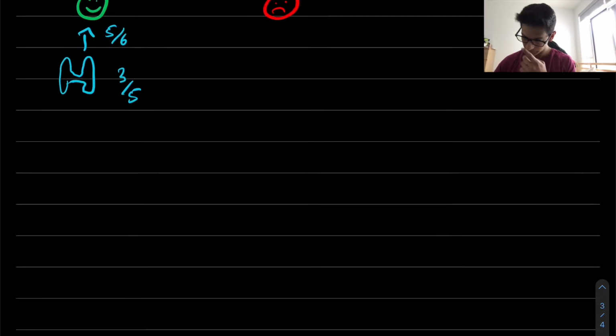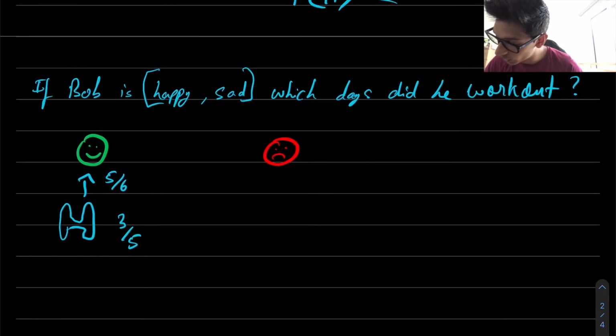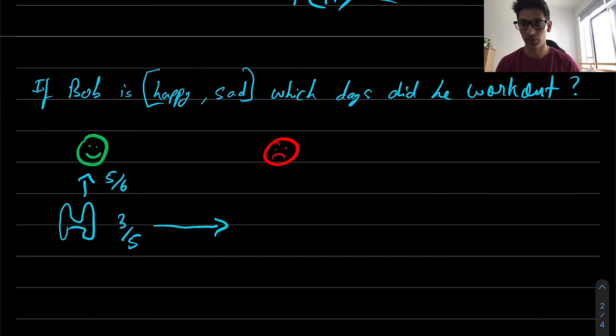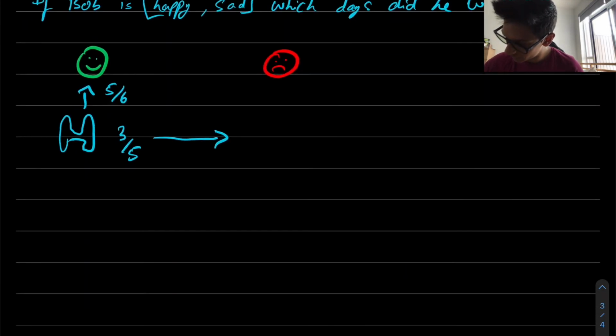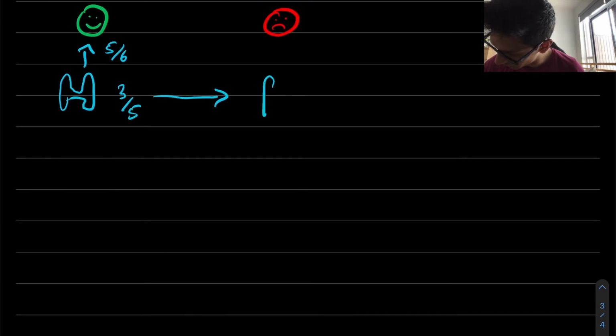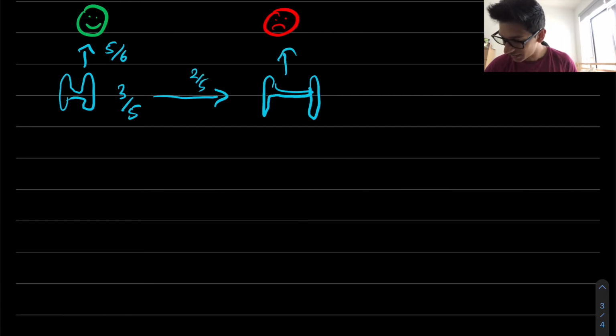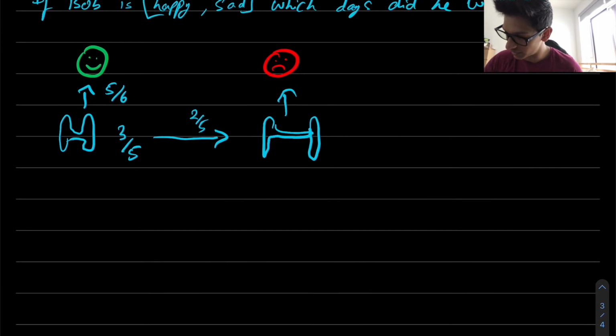Then the chance of him working out the next day, given that he worked out the previous day, is, what did we calculate? 2 out of 5. And the probability that this made him sad is, I think, 1 out of 6.